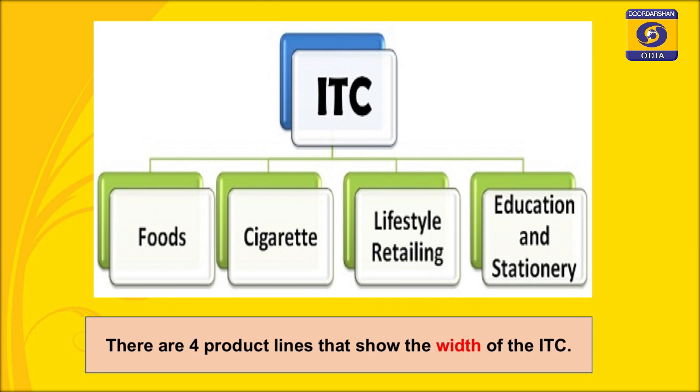The first one is food, the second one is cigarette. Cigarette is injurious to health. It is not promotion, but it is just the product that is being produced by the company. Then lifestyle and retailing, and education and stationery. These are the broad 4 headings under which products are manufactured by ITC.